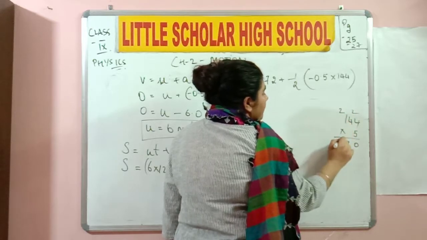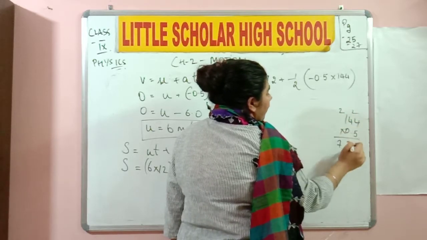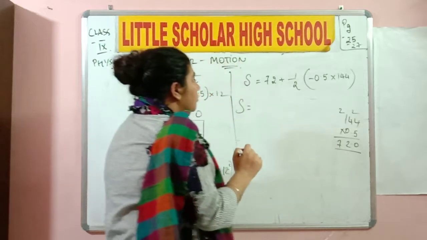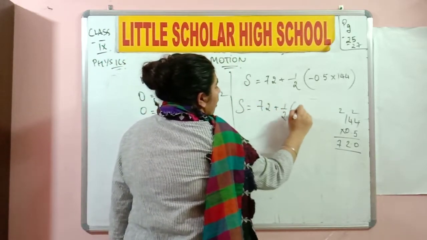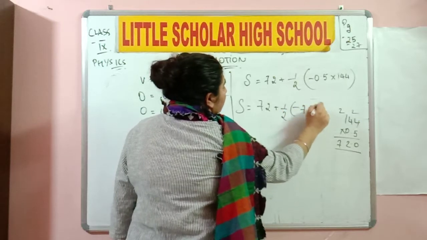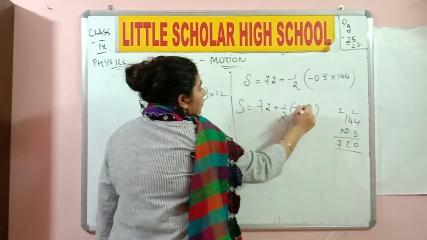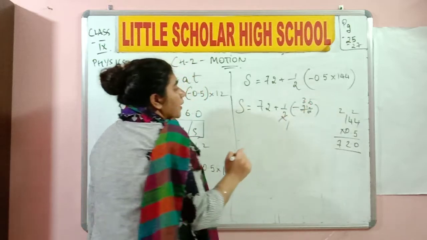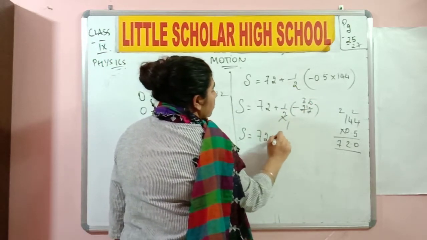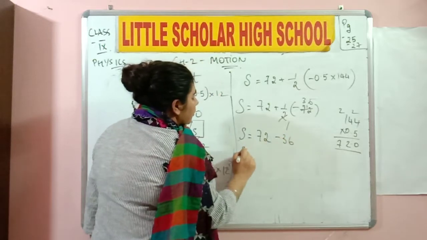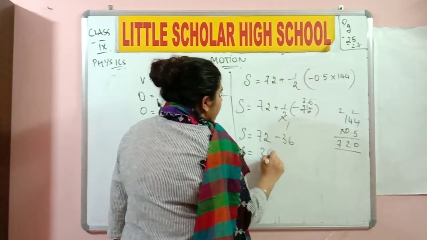So 5 ones are 5, 6, 7, and we have 0 point, right? So 72.0. So this is going to be 72 plus 1 by 2 minus 72. Do you understand? So 2 ones are 2, 2 threes are 6, 2 sixes are 12. It is minus 36. So s is equal to 72 minus 36, which is nothing but 36 meters.